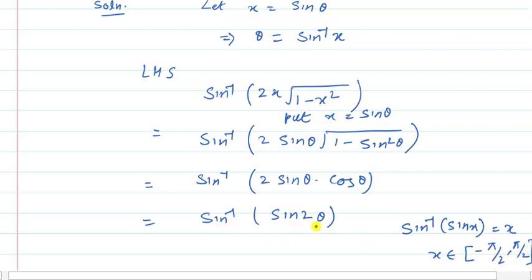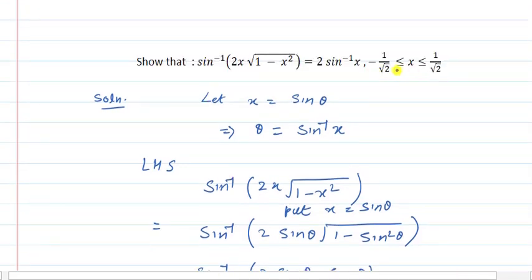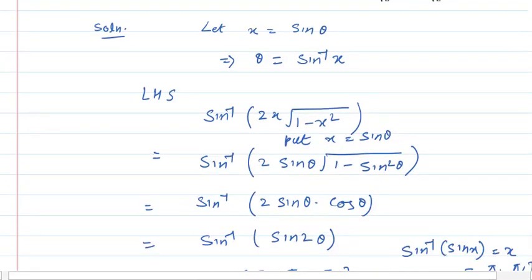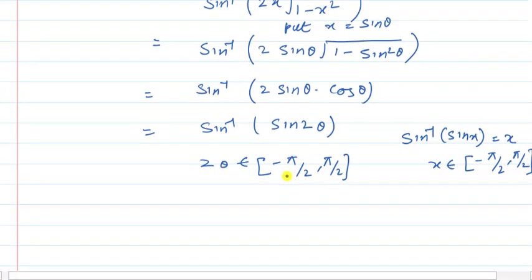So we can write it as 2 theta only if this 2 theta belongs to the closed interval minus pi upon 2 to pi upon 2. So before writing it as 2 theta, we need to prove this result, and this result can be proved by using the given condition, which is x lies between minus 1 upon root 2 and 1 upon root 2. This is one of the very important parts of this question. So observe it carefully, how to prove.